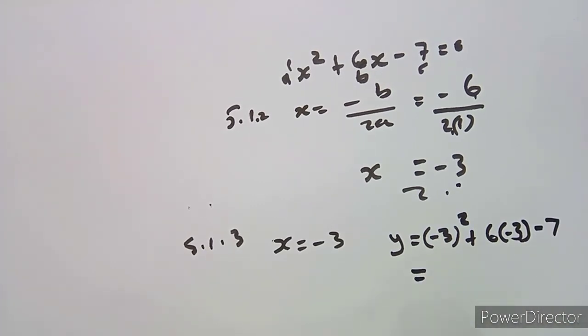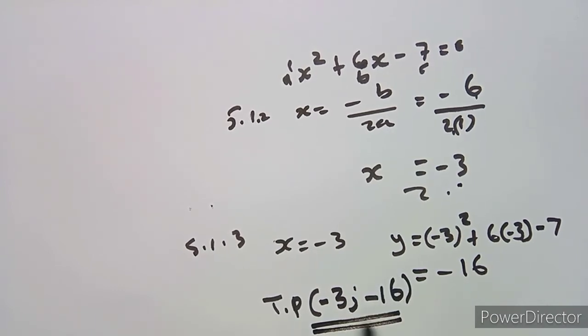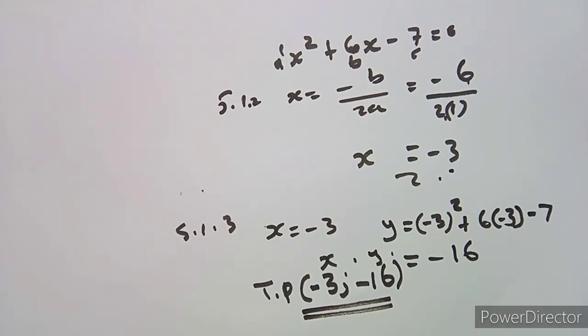So this will give us minus 16. All right, so therefore our turning point is going to be x minus 3 and y, which is minus 6. Remember, a turning point is supposed to be made of x and y. So I think I explained some of this concept about the turning points and so forth on separate graphs. So make sure that you watch the video so that you can understand much more about these typical questions.